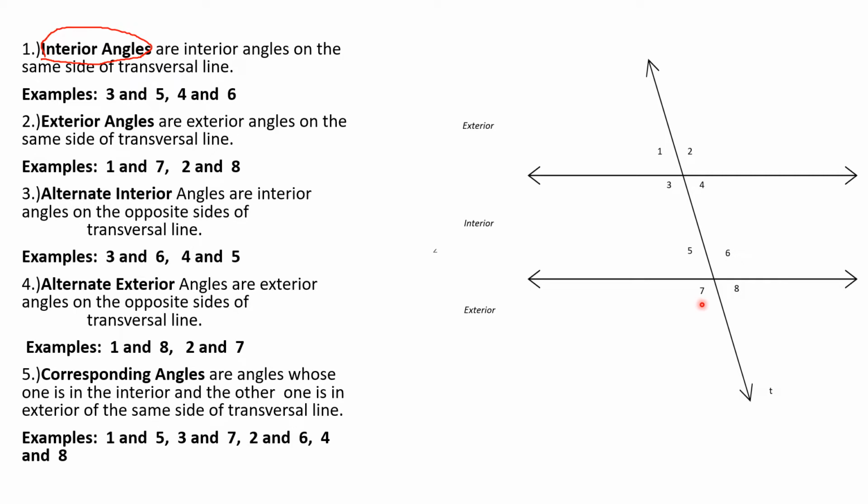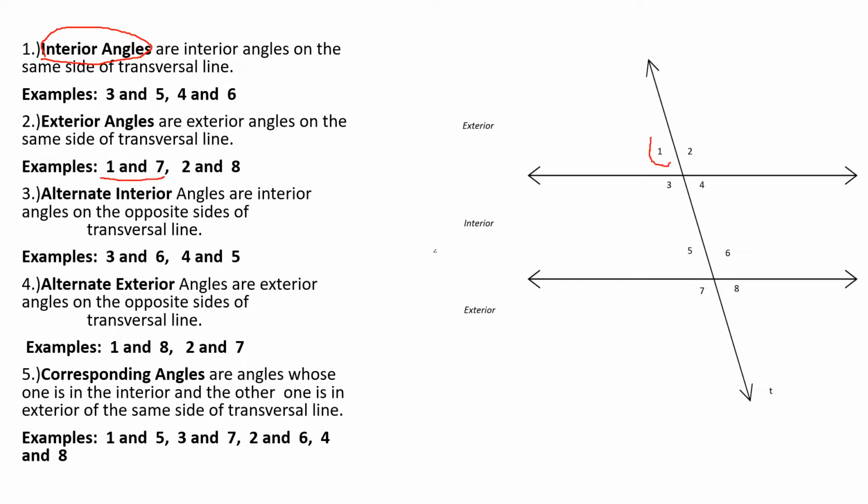But then we need to have the pairs. Angle 1 and angle 7 are on the same side of our transversal line. So these are our first pair of exterior angles.